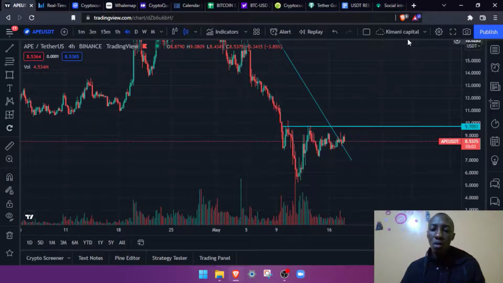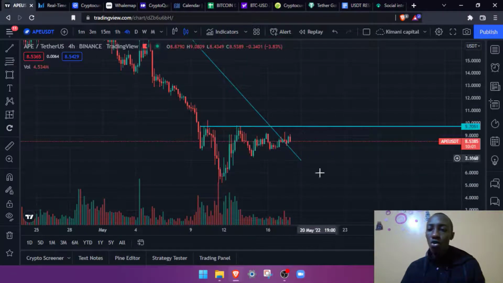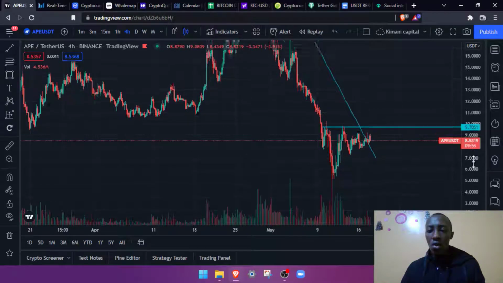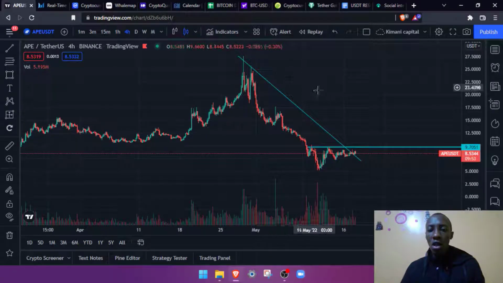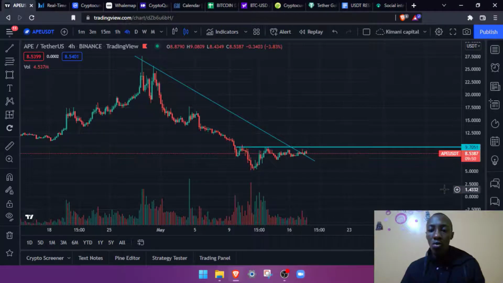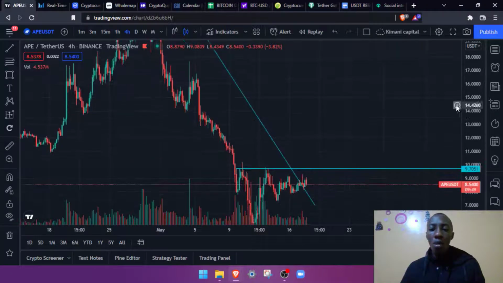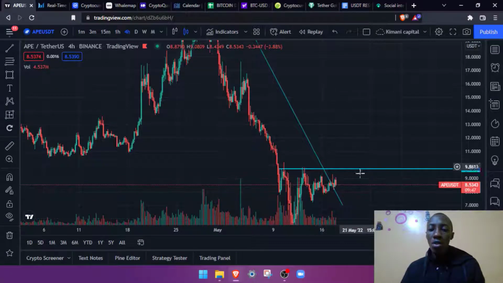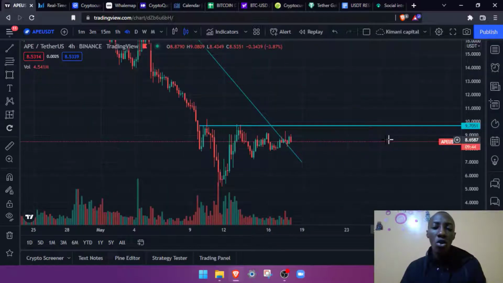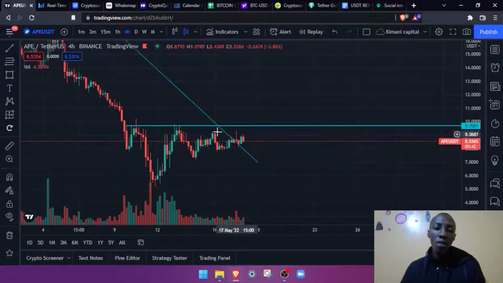We're also having a major resistance right here that we have failed to break at $9.7. If you break it, well and good. And you can see here we have this trend line that we just broke, and we are now hovering around there, hoping that we are going to break it upwards or downwards. So depending on what Bitcoin does, I'm on the radar of this. These are my levels, seeing if we're going to break up or down.